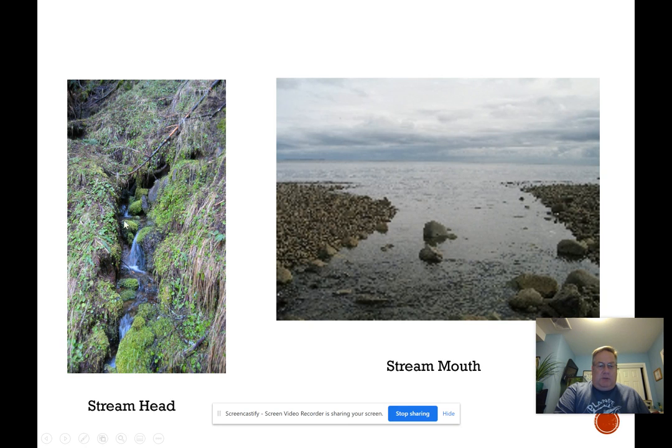And enough of it bubbles up that it starts to flow. And that then in turn becomes a river. And then when I have the river flowing out into a larger body of water, an ocean, a bay, a lake, that's going to be the mouth of the river.